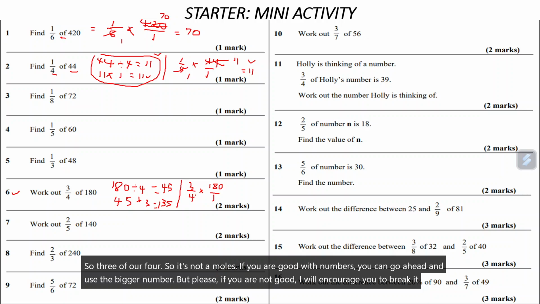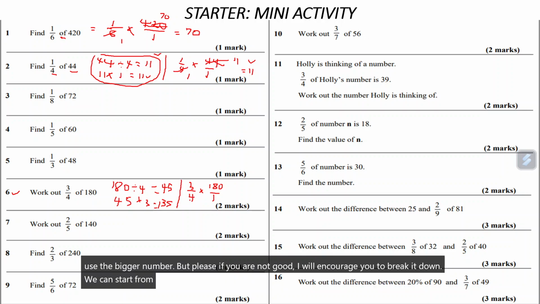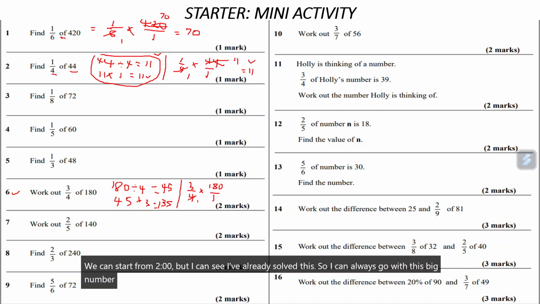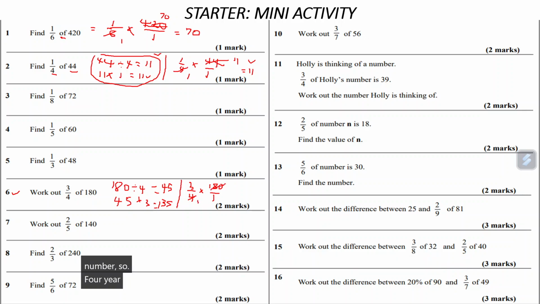You can start from 2. But I can see I've already solved this, so I can always go with this big number. So 4 in 180 will give us 45. Then 45 times 3: 3 times 5, 15, carry 1. 3 times 4, 12 plus 1, 13, so 135. Okay, so this has been solved.